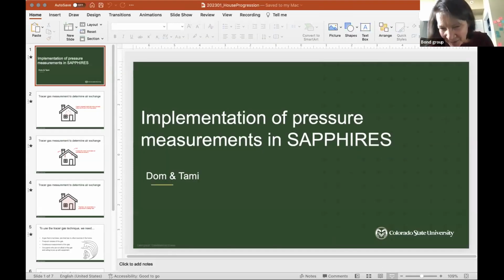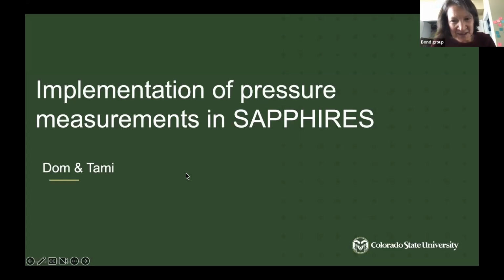And I'm going to give you folks a little context for how we're going to implement those measurements into Sapphires. So can you see my screen? First of all, those equations are implemented in some models like Contam, for example.